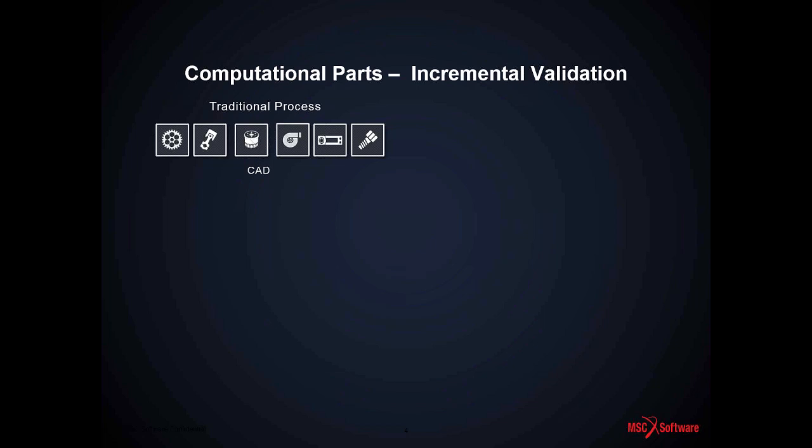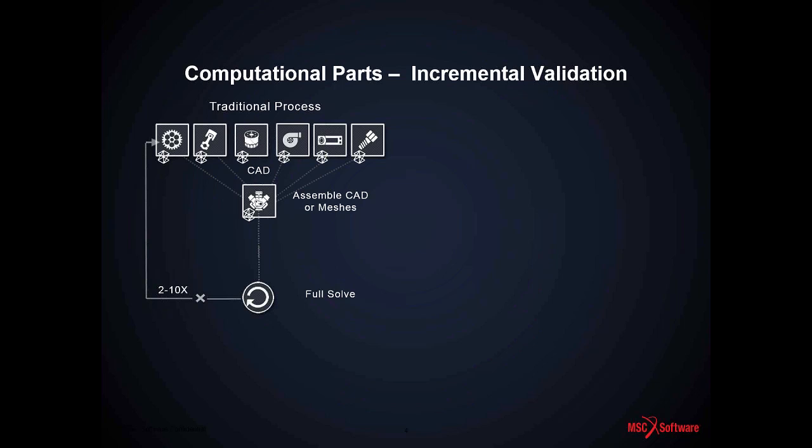So let's talk about what the computational parts based system is. All of you are familiar with the traditional process that starts with bringing the CAD model into any system, and we go ahead and build the mesh model, we assemble the model, and we export the solver decks coming out of that model, and we run the simulation. Generally it would take about 2 to 10 iterations just to get the first run ready, which is about the correctness of the model, not necessarily iterations on the design.